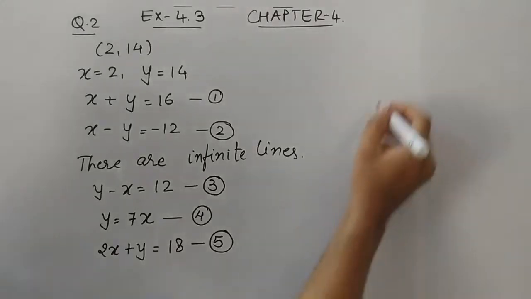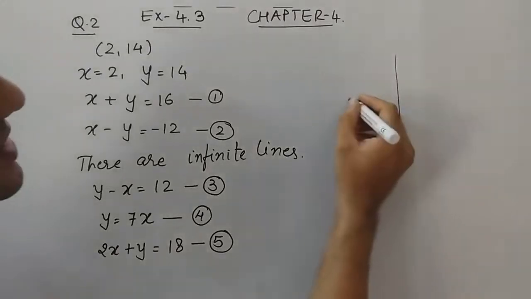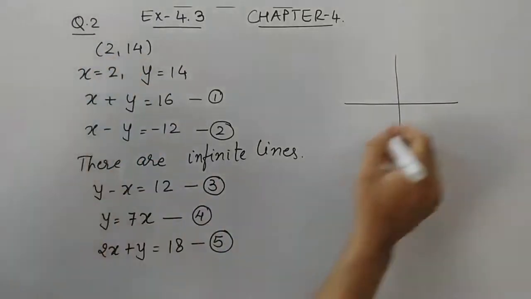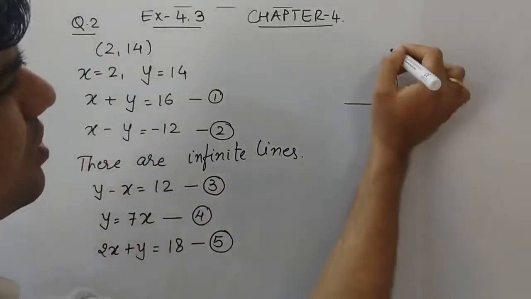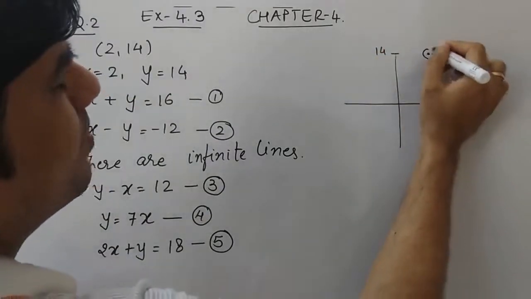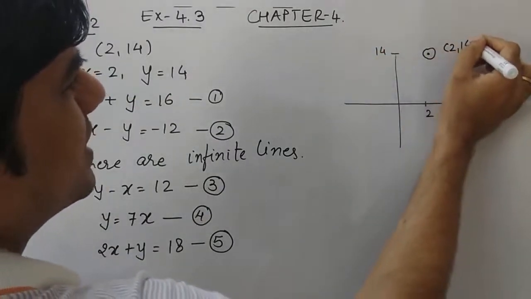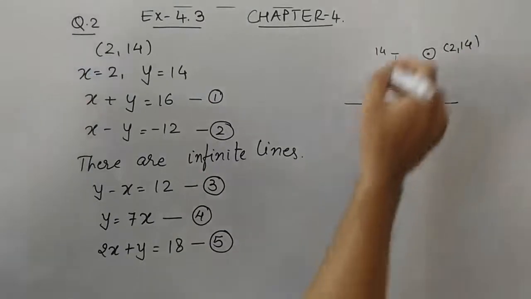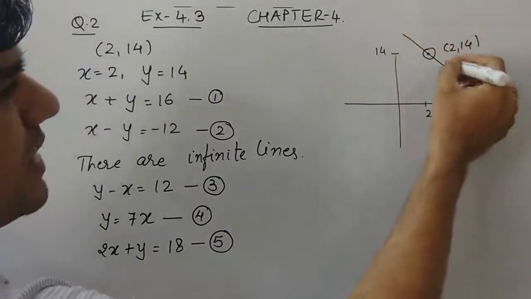अगर हम इसको ग्राफिकल मेथड से समझें, this is a rough I am drawing here. So where are the 2 and 14 supposed to be? समझ लो 2 इधर है और 14 somewhere here. So this is where both the points are. From one point, as we'll discuss in the 5th chapter, how many lines can pass?